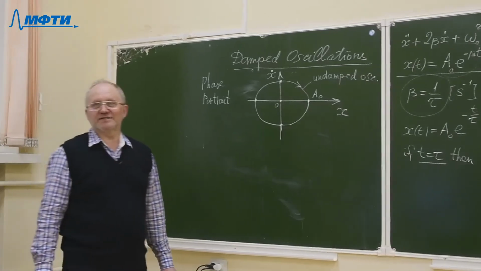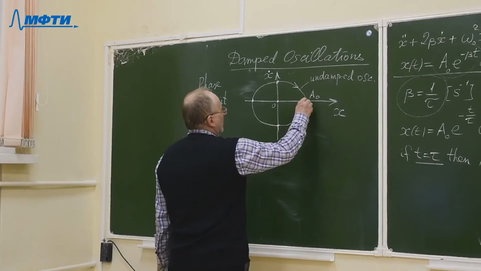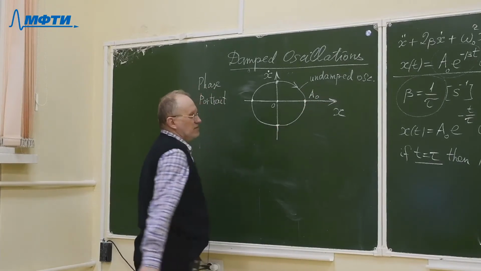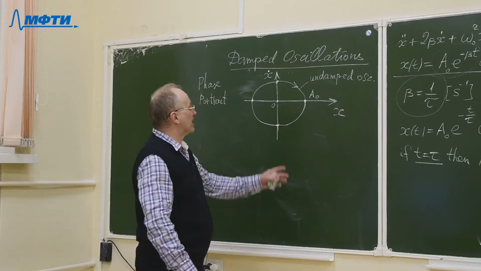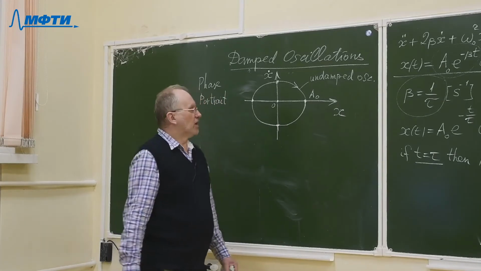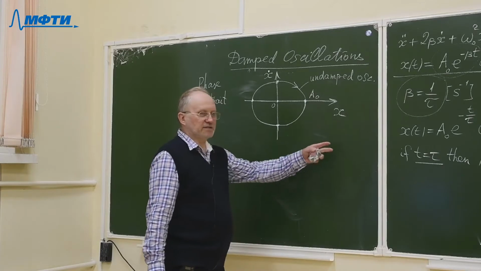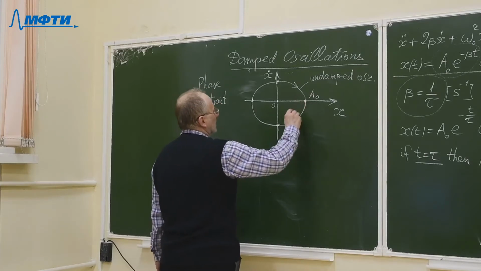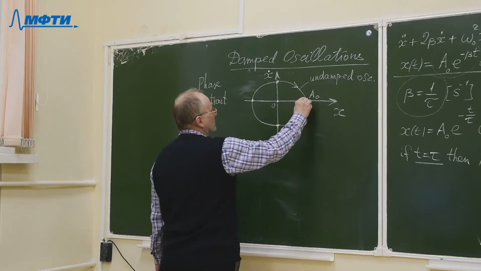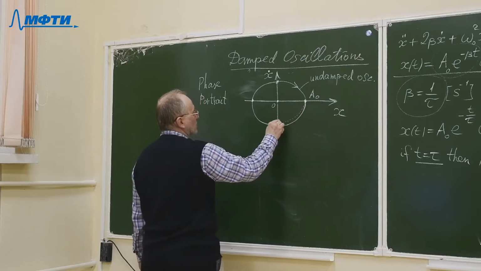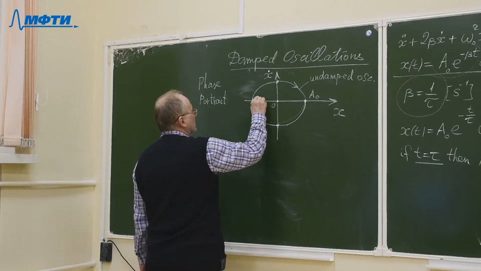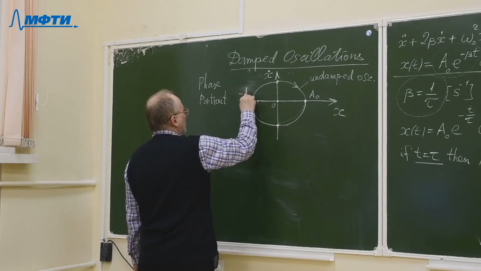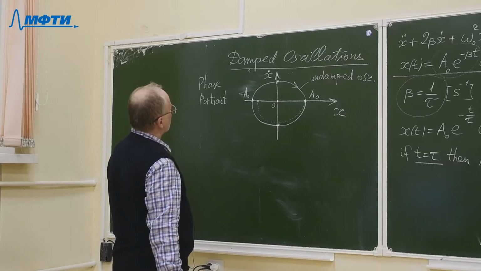If the oscillations are damped, then the velocity will not be as high because some of the kinetic energy, some of the mechanical energy will be lost on the work performed against the forces of friction, and so the magnitude of velocity will be smaller, and the body will move along a different trajectory, and the negative amplitude will not be as large as it was in the case considered above.